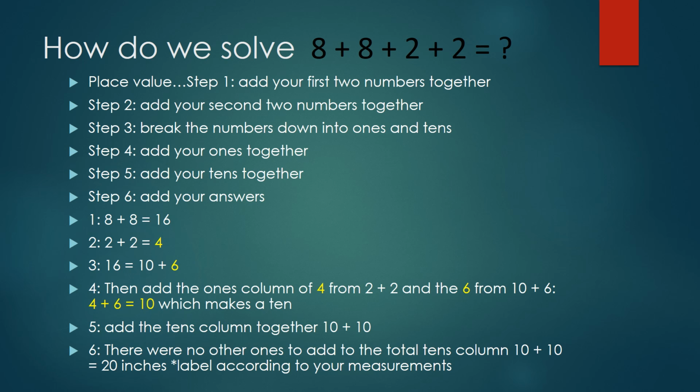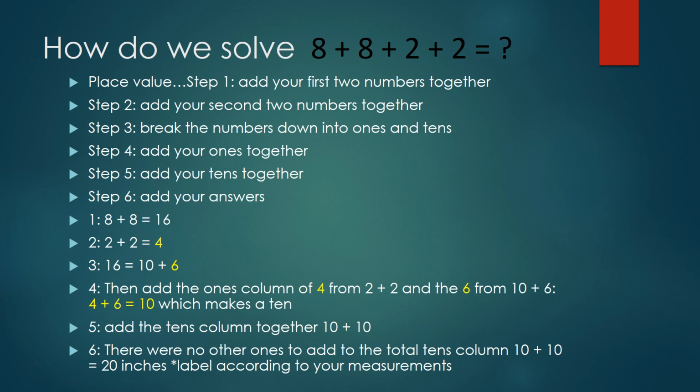So we have 10 plus 10 equals 20 inches because we want to label it according to our measurements. Since we measured with a ruler in inches, we need to make sure to label the word inches after the number 20. So make sure you write 10 plus 10 equals 20 inches.